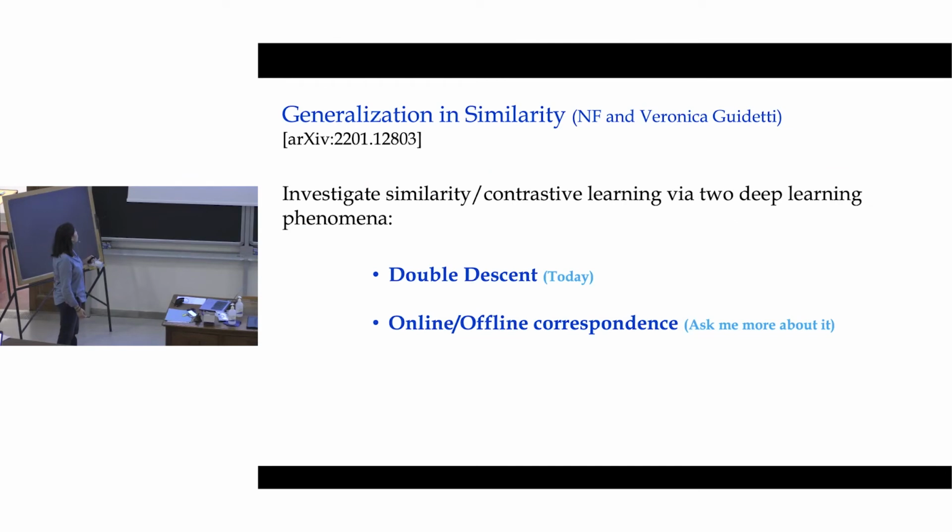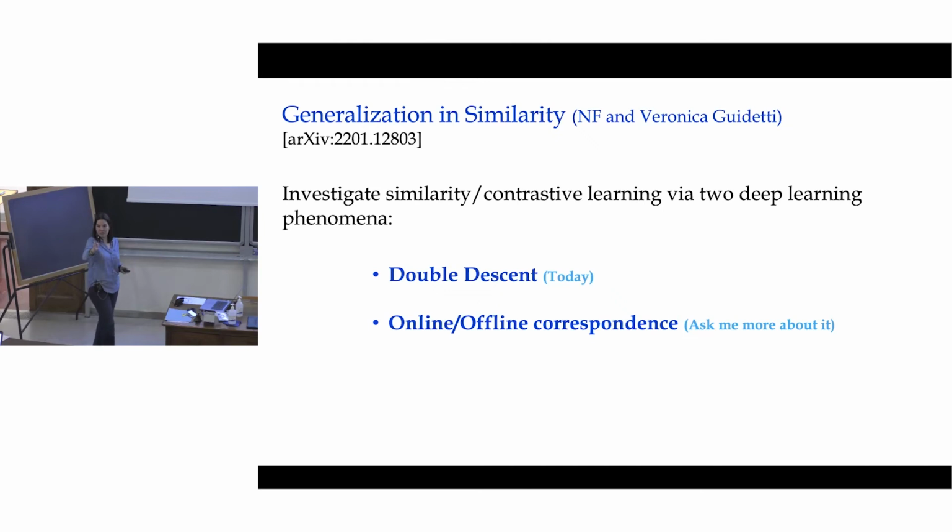We actually study two phenomena in this paper. One is the online-offline correspondence. Basically, you take a model and train it with just fresh samples, so you don't repeat, you don't keep many epochs. Then you compare with a model that has seen the same samples many times, for several epochs.